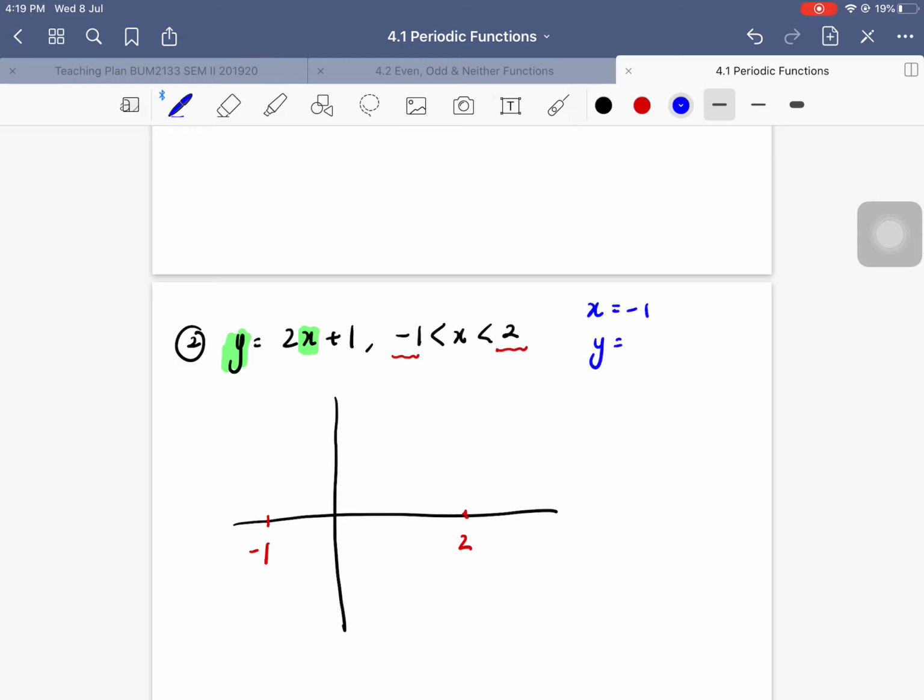I'm going to pick the lowest value first, when x is equal to -1. When I substitute into this equation right here, I get 2 multiplied by -1 plus 1, which is going to be a value of -1. So -1, for example, is going to be somewhere down here. When I pick the highest value of x, which is 2, I get that y is going to equal 2 multiplied by 2 plus 1, which equals 5.